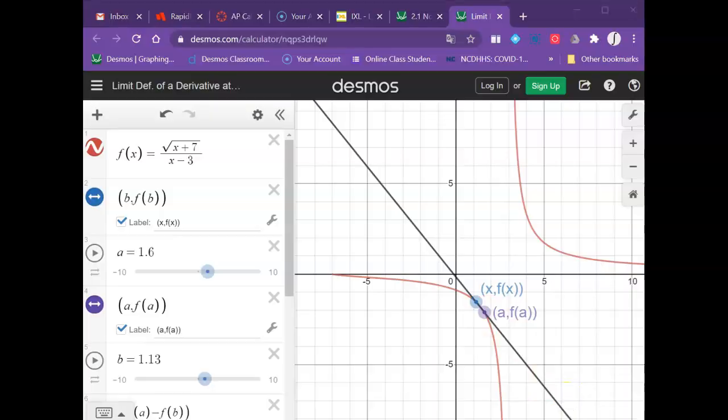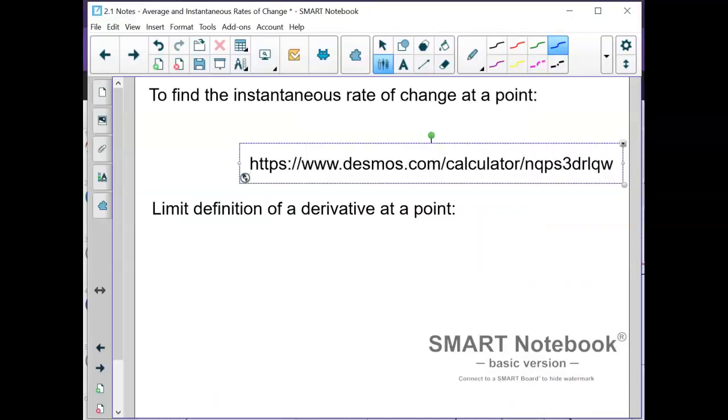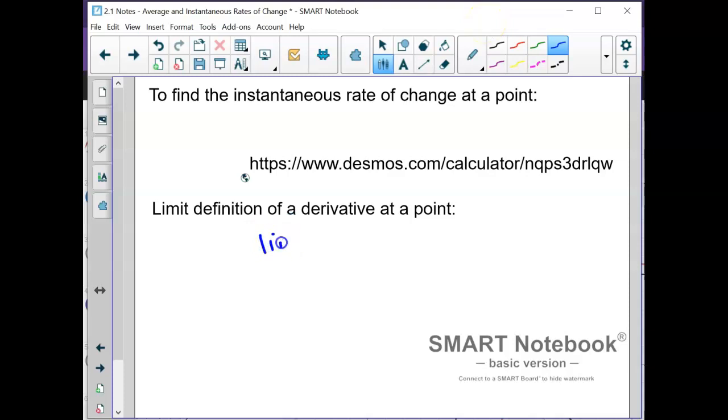So let's go back to our notes, and I'm going to give you a really important definition here, and that is the limit definition of a derivative at a point. For this limit definition, we have the limit as x approaches a, where a is the point that you're looking at, of f of x minus f of a over x minus a.